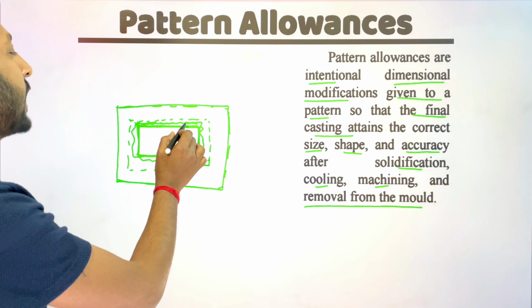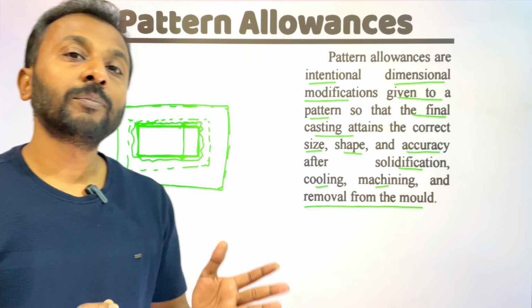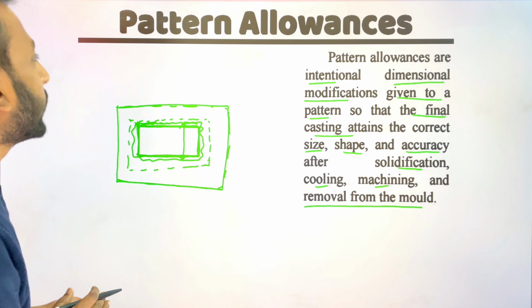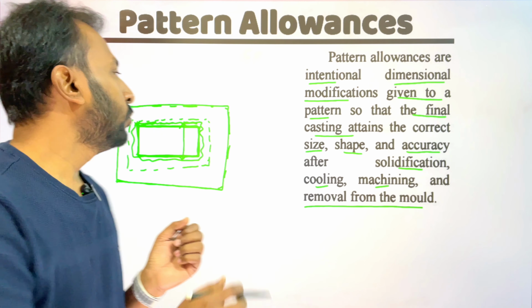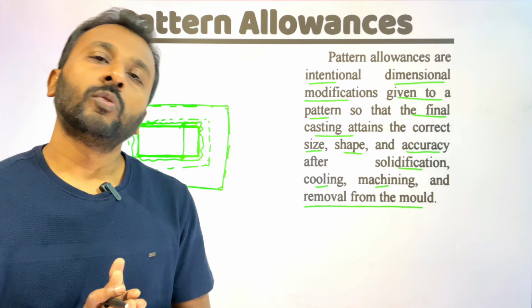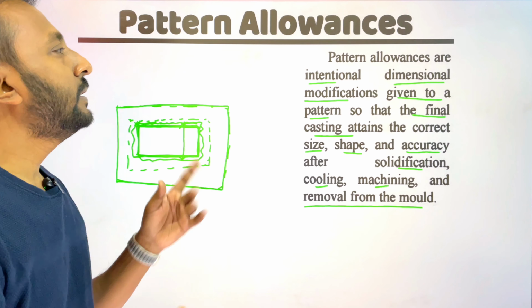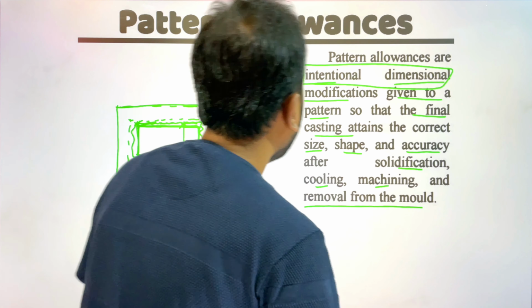So the dimension of the product will be lesser than the original product we have created. That's why the pattern allowance is added. So in this case we are adding more dimension to the pattern. So this is the intentional modification to the given pattern.